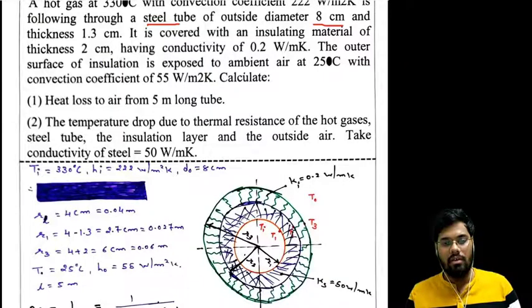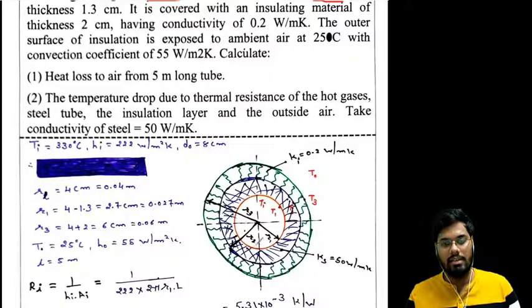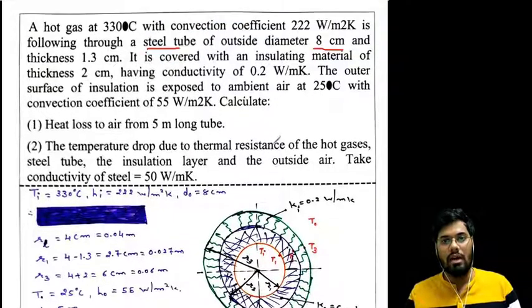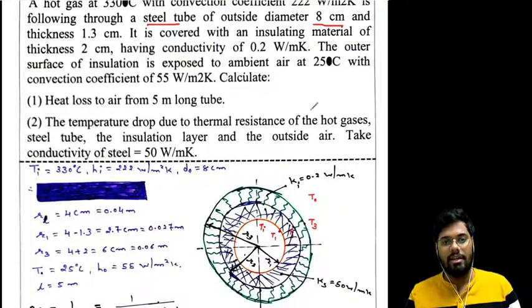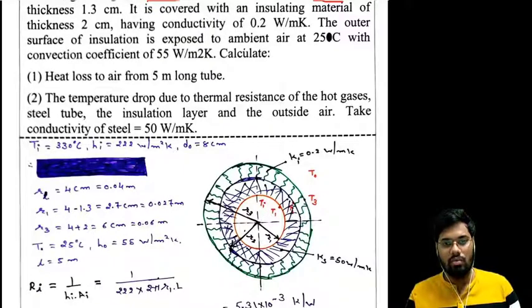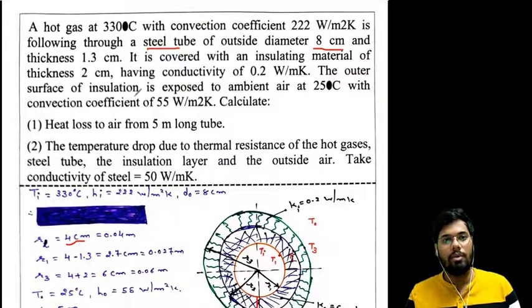Let's take R2. R2 is the outside radius, so R2 would be 4 centimeter, which is 0.04 meter. The thickness is given as 1.3 centimeter.